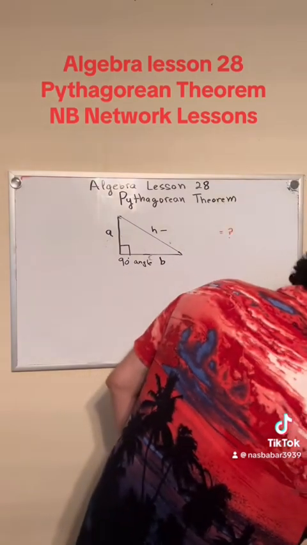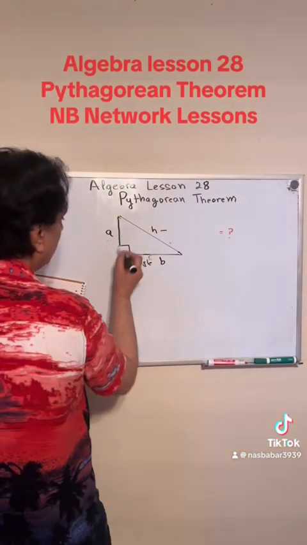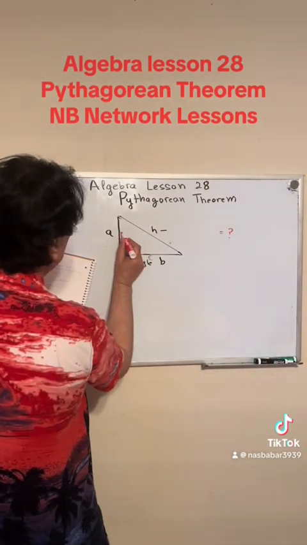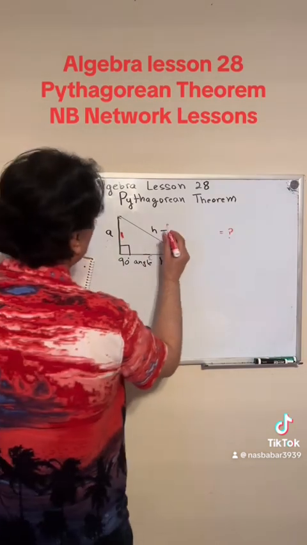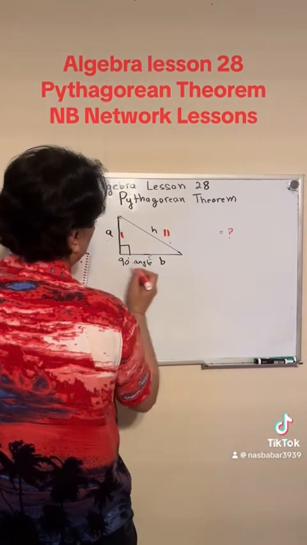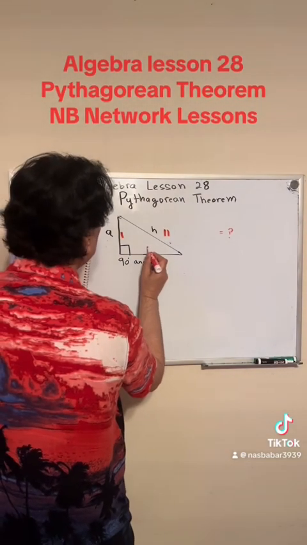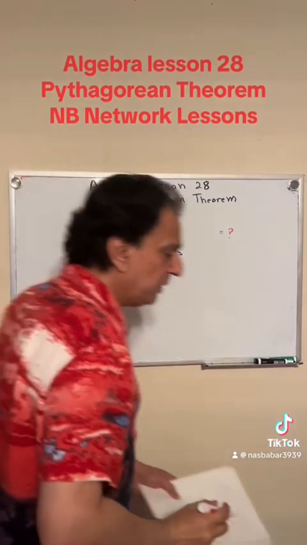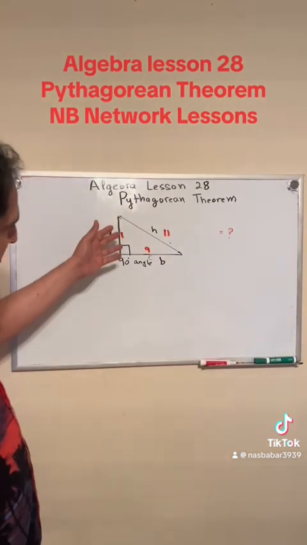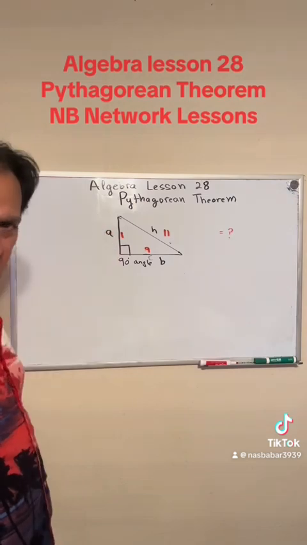Now what I want to show you guys is, let's say the length over here, A, is 1. The hypotenuse is given and it's 11 centimeters. And this right here, the base, is given and it's 9 centimeters. If I give you these values, can you tell me whether this is really a right triangle or not?